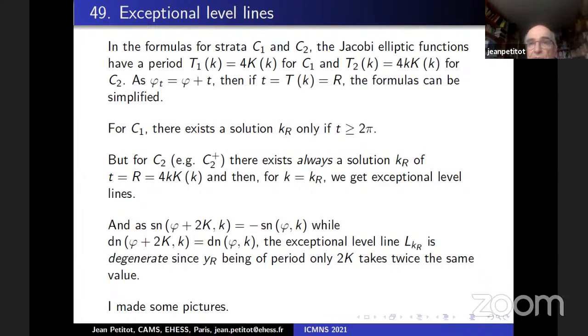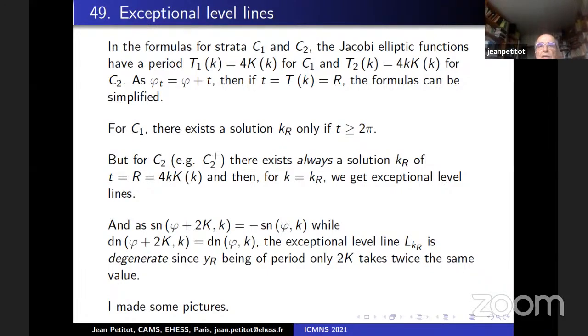But for C2, and it is the origin of the complexity, there always exists a solution kr of the equation r equal the period 4k capital K. And for this value, we get exceptional level lines.